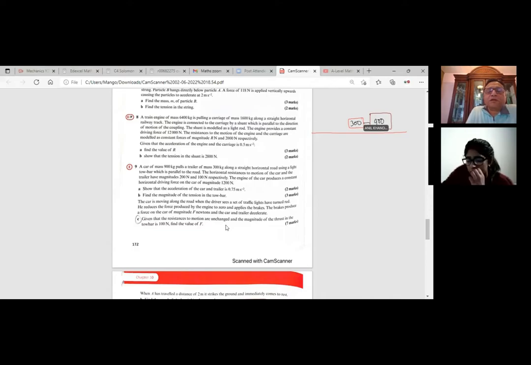The horizontal resistances to the motion of the car and the trailer have magnitudes of 200 newtons and 100 newtons respectively.